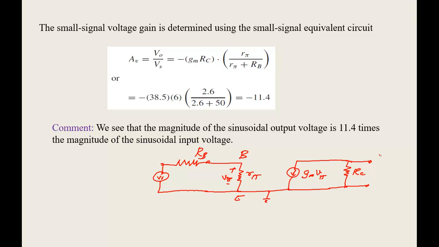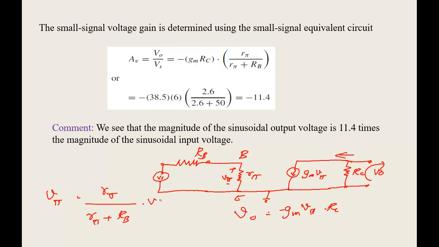Now how will I find out the voltage gain? This is my V naught. The current flows at the input side, and at the output side the current flows this way. So I can write V naught as minus GM V pi into RC. V pi is the voltage across R pi, and using the voltage divider rule, V pi is R pi by R pi plus RB into Vi.